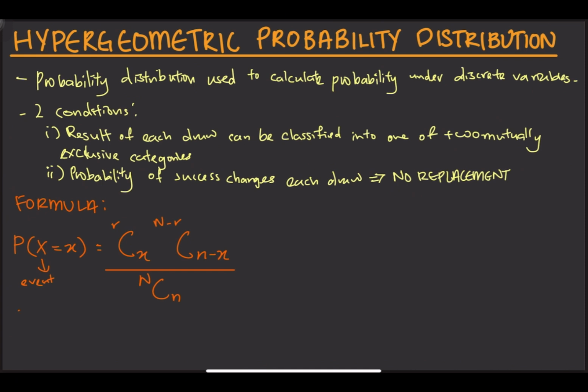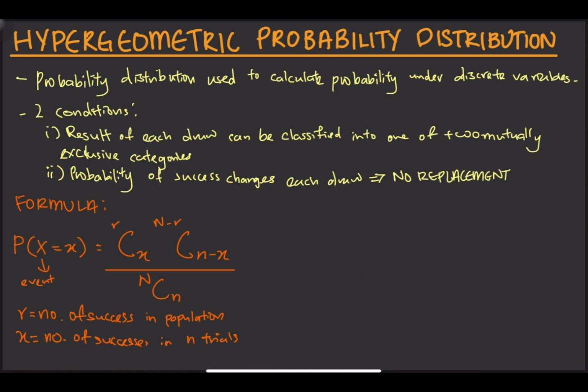Now let me define each of them for you. R in this case is the number of successes in the population. Let's say, returning to the 5 apples, there are three green apples and you're trying to choose the green apple, there will be a total number of 3 successes in the population. Then x is the number of successes in n trials. Let's say you wanted to find the probability that you choose 2 out of 3, so the number of successes in n trials is 2.